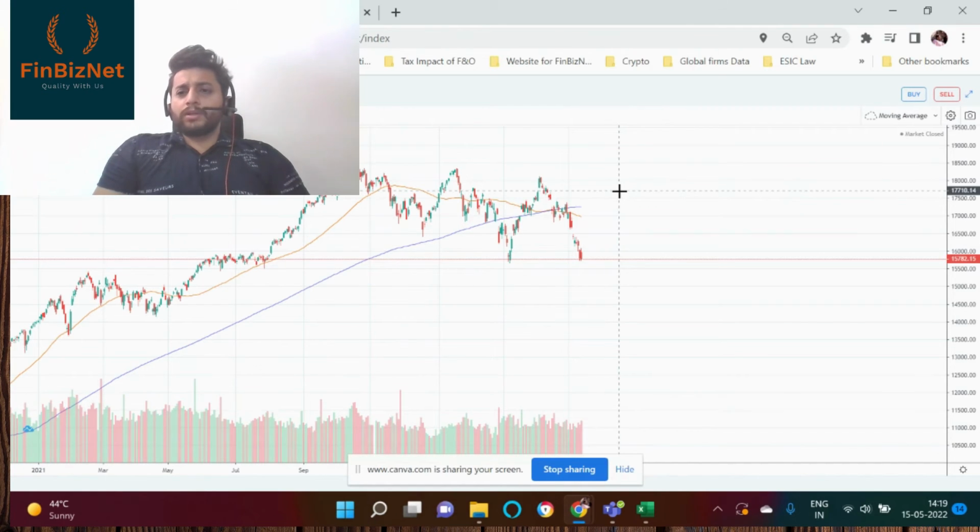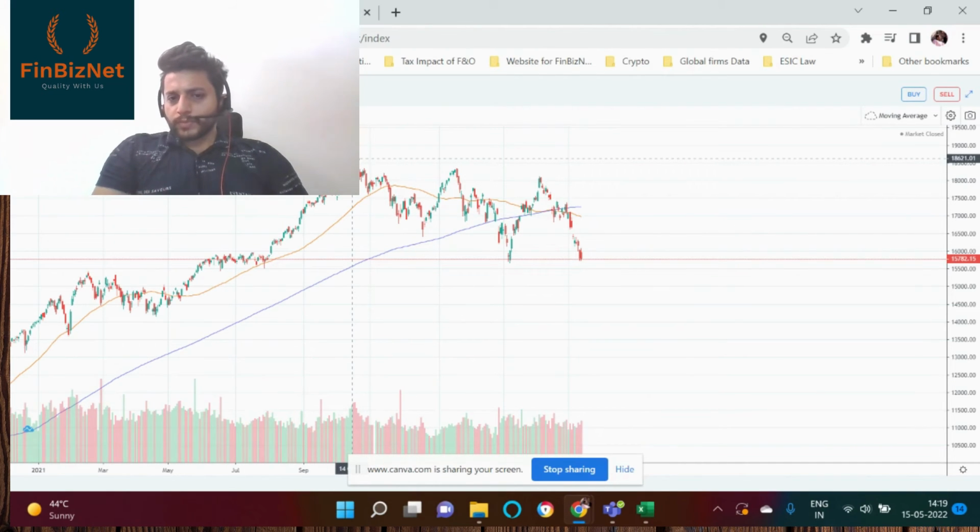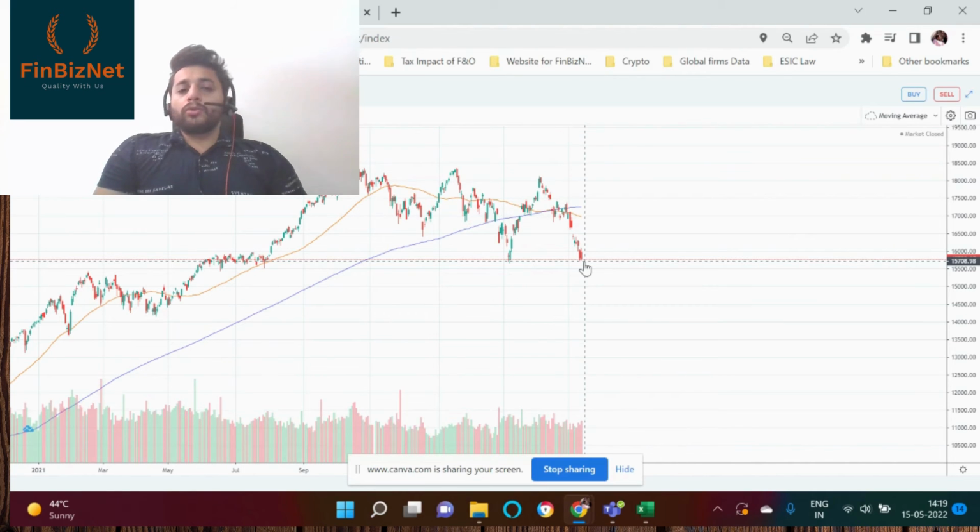On the contrary, Nifty is down just about 20 odd percent, right? Which is less compared to the Nasdaq fall. So the chances of Nifty going down are higher, even though Nasdaq outperformed on Friday, right?